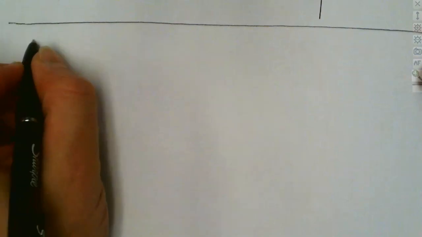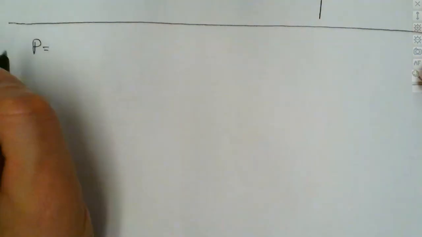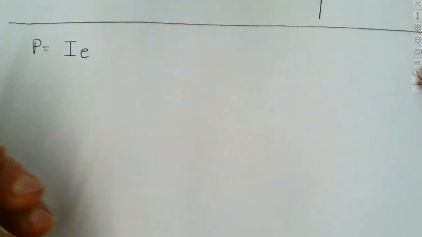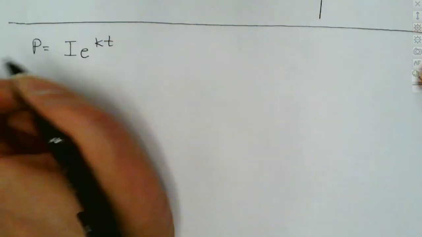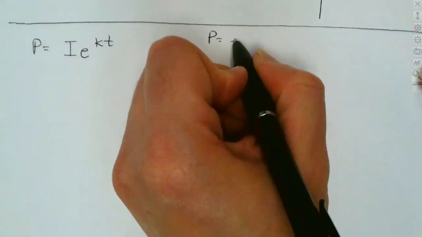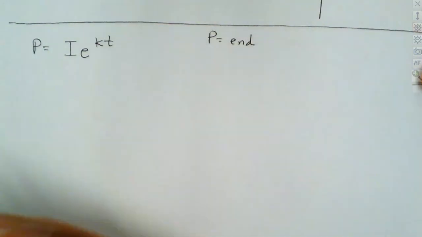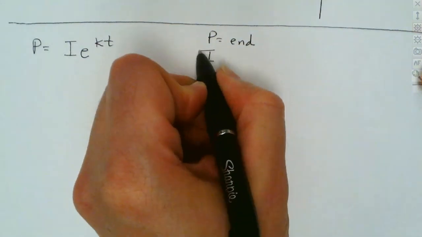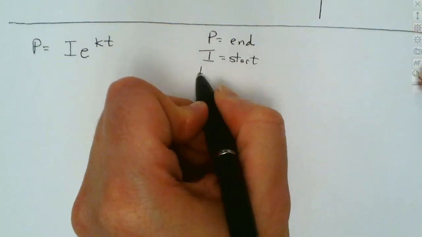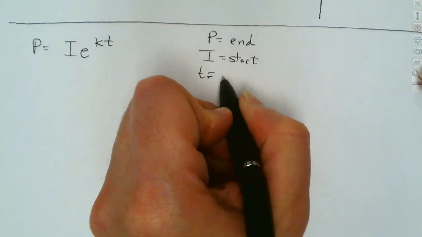So here's our formula. P equals I E to the KT power. P is the ending number of bacteria that I have. I is the initial or the starting number of bacteria I have. And T is going to be the time.